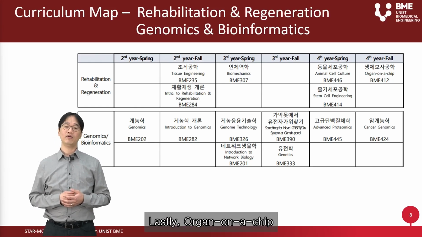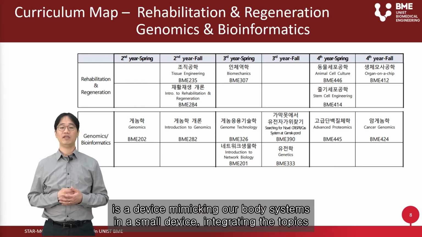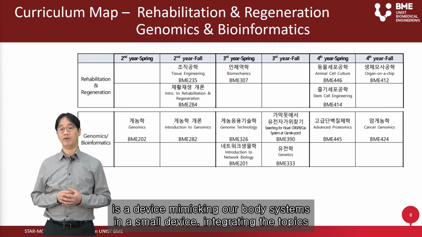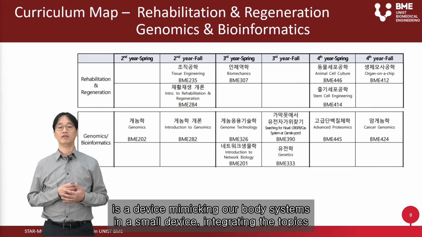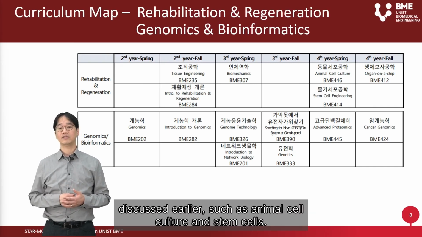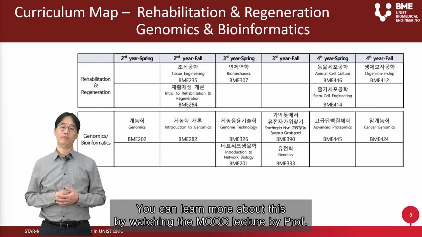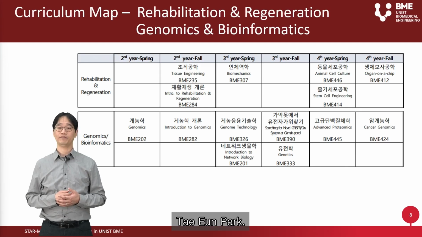Lastly, organ-on-a-chip is a device mimicking our body system in a small device, integrating the topics discussed earlier, such as animal cell cultures and stem cells. You can learn more about this by watching the MOOC lecture by Professor Tae-Eun Park.